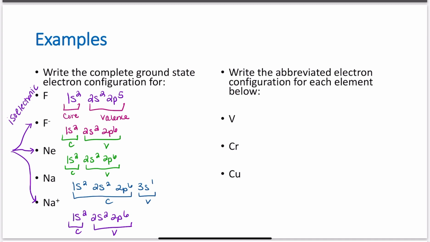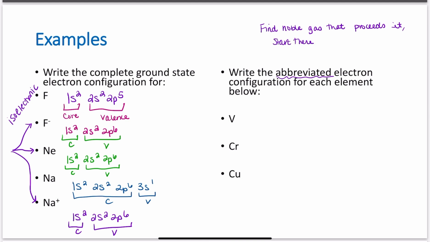Write the abbreviated electron configuration for each element below. Remember, abbreviated means that you find the noble gas that precedes it, and start there, and then write the rest.